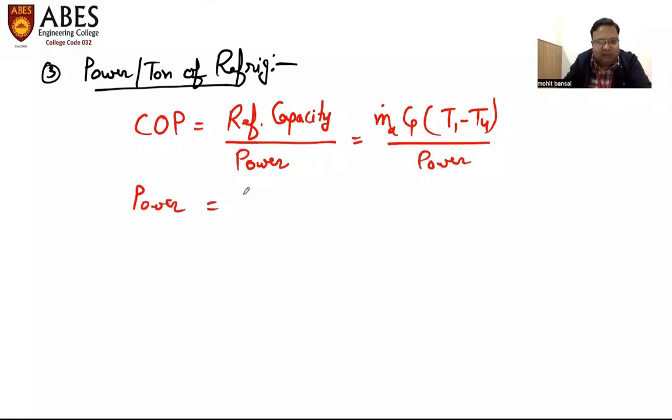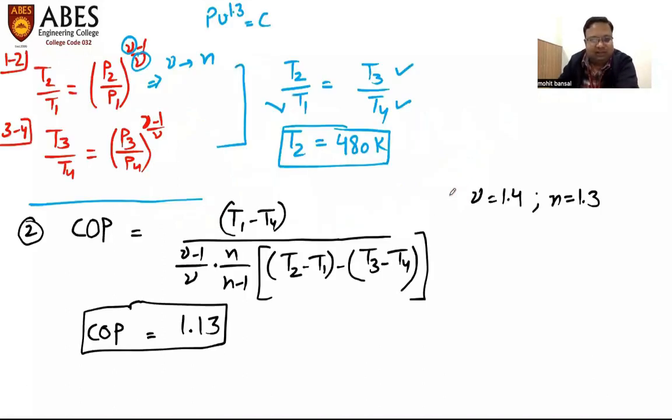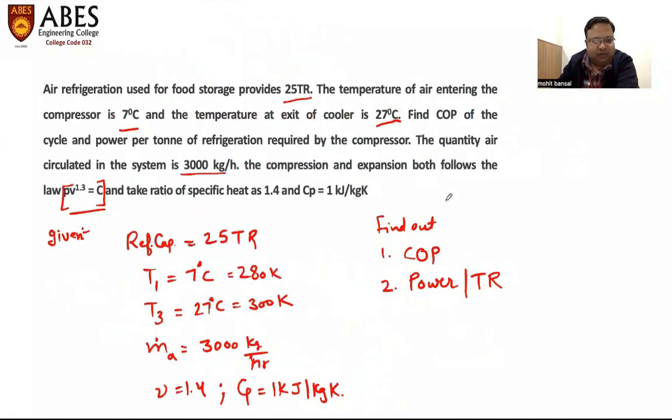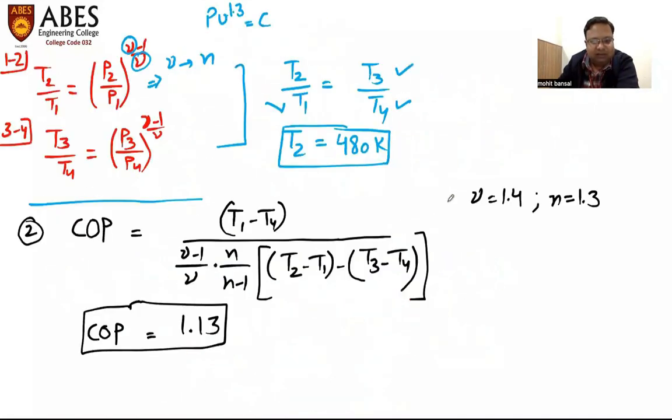Then power will be equal to the mass flow rate of air, that is 3000 upon 3600, which is the mass flow rate of the air in kg per second. Cp of air is given as 1 kilojoule per kg Kelvin. T1 is 280 Kelvin, and we have calculated T4 as 175.